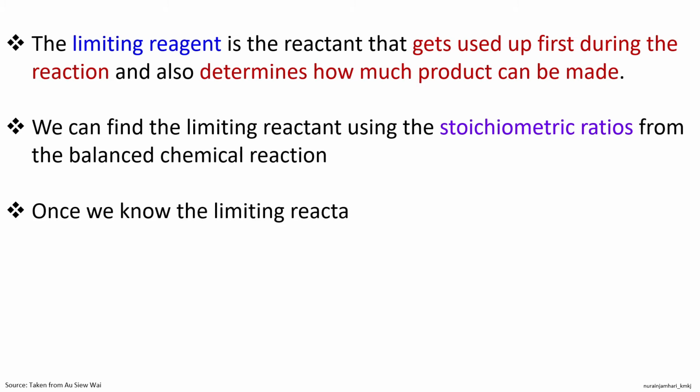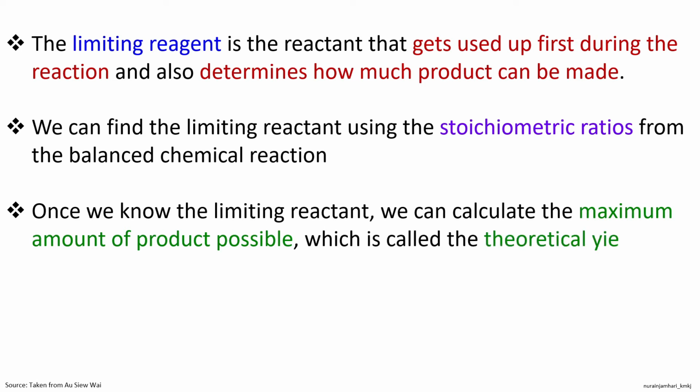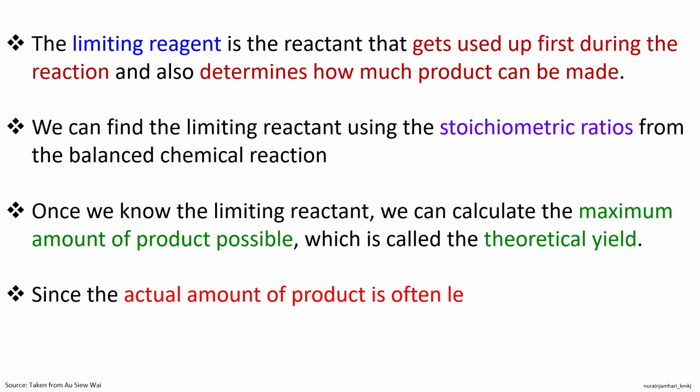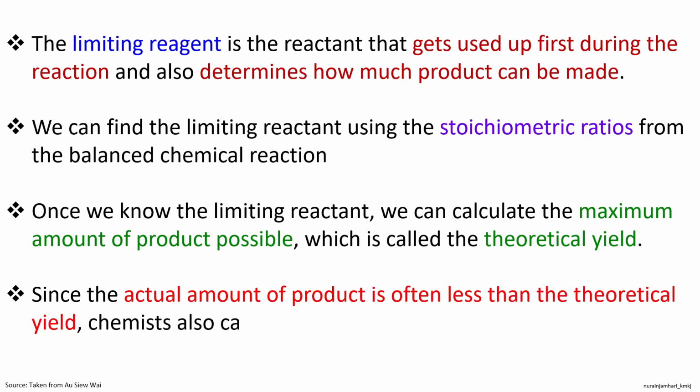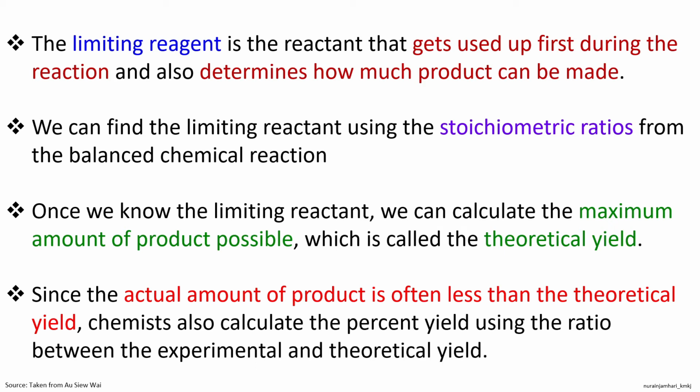Once we know the limiting reactant, we can calculate the maximum amount of product possible, which is called the theoretical yield. Since the actual amount of product is often less than the theoretical yield, chemists also calculate the percent yield using the ratio between the experimental and theoretical yield.